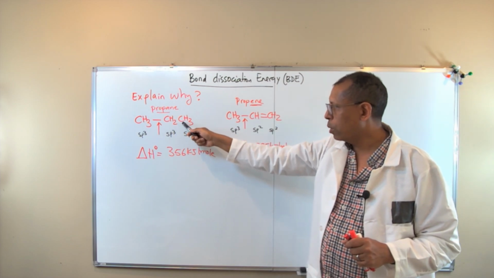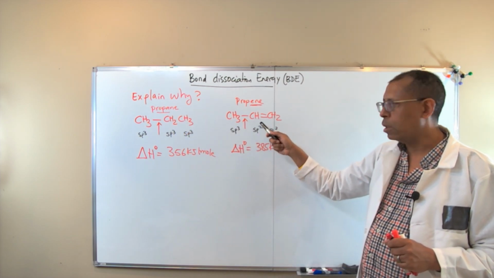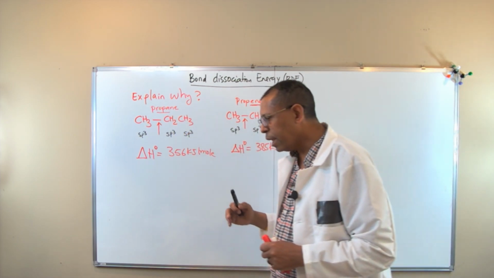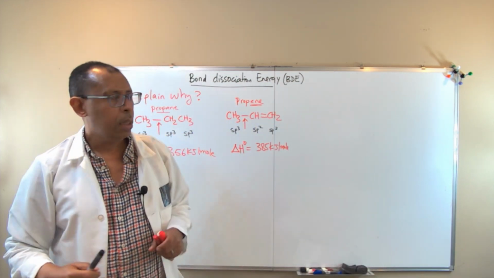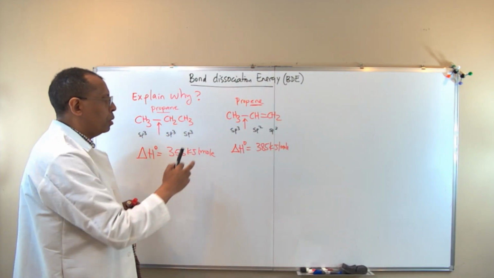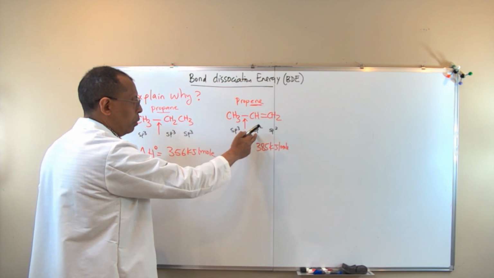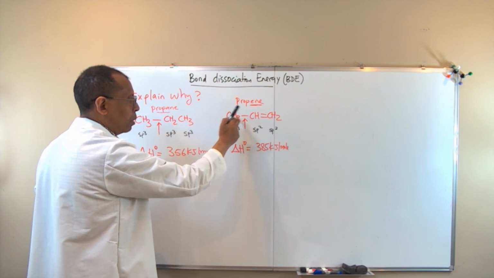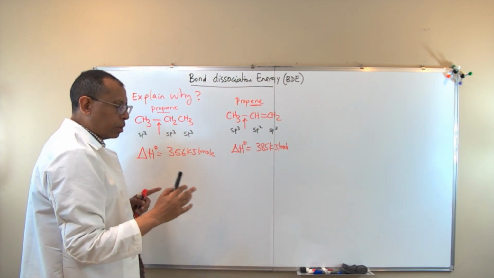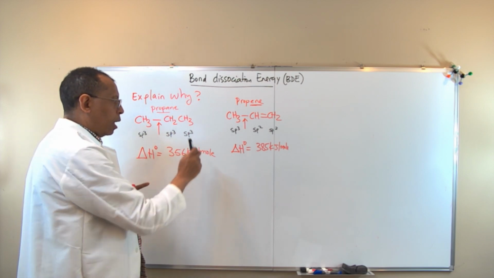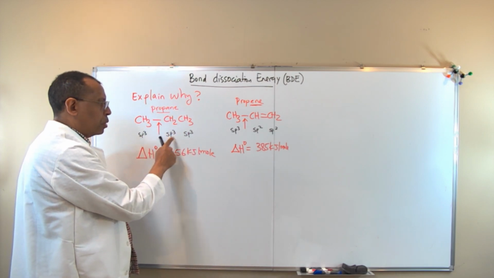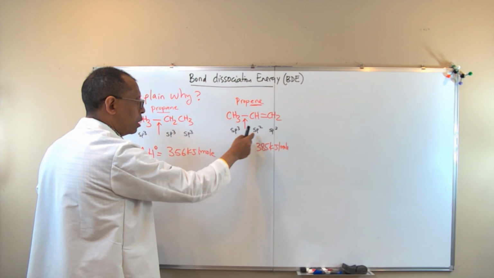This is much longer than this one. This is shorter. In addition to that, the length between sp3 and sp2 carbons is also not the same as between sp3 and sp3.